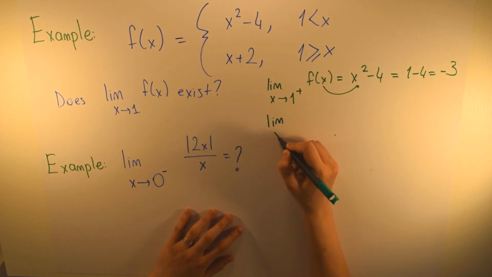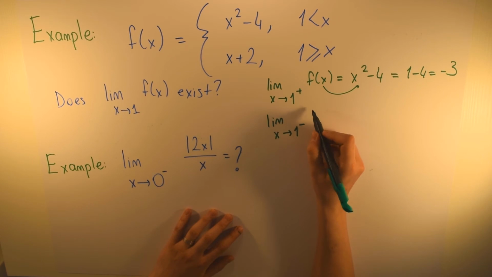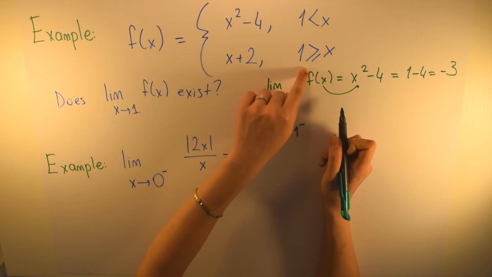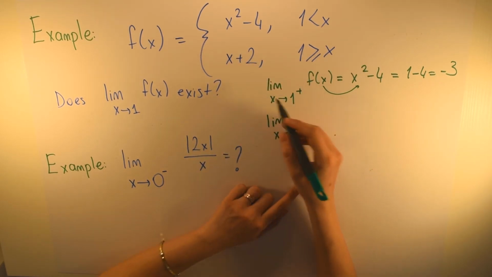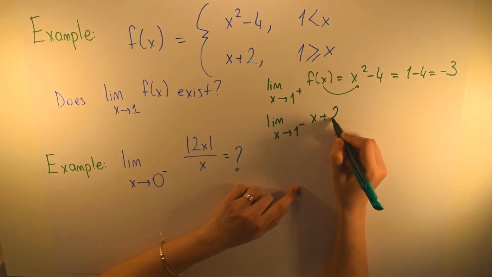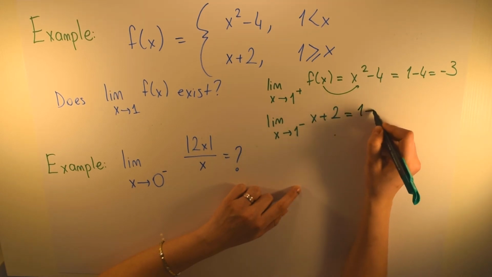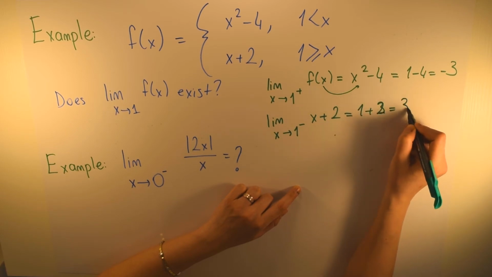Limit as x approaches 1 from the left side, f of x. Which function will we use? This one, right? Because here we have x is less than 1. So it will be x plus 2. So instead of x, I will write 1. So it's 1 plus 2, which is equal to 3.